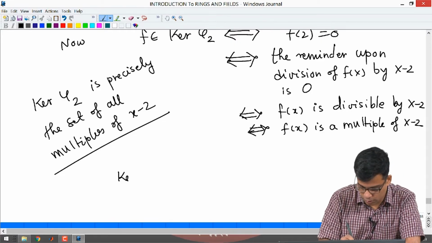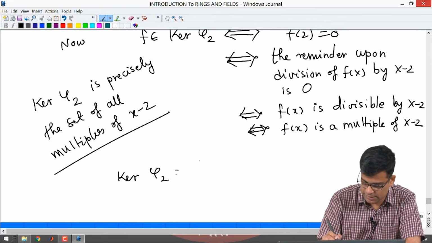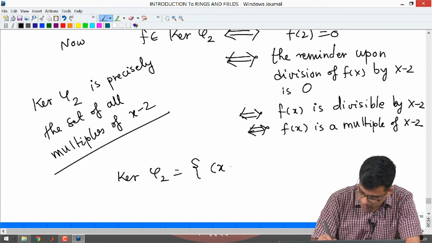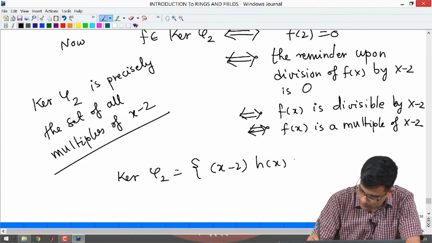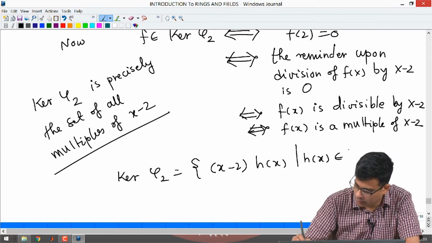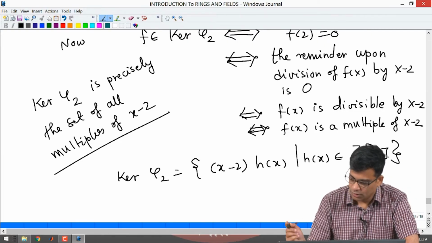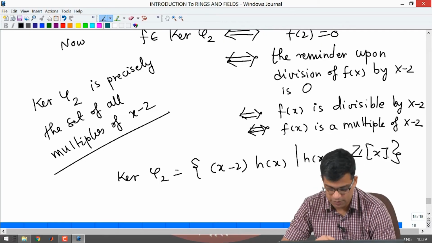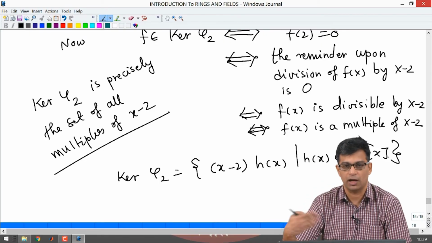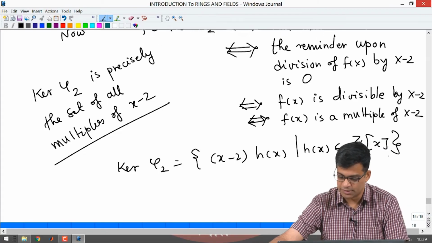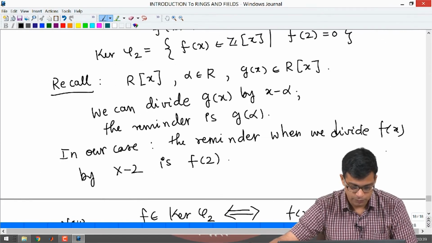So, I can write it like this: the kernel of phi 2 is exactly x minus 2 times h(x), where h(x) is any arbitrary polynomial in Z[x], right. A multiple of x minus 2 means x minus 2 times an arbitrary thing. So, that is how we describe the kernel of phi 2.